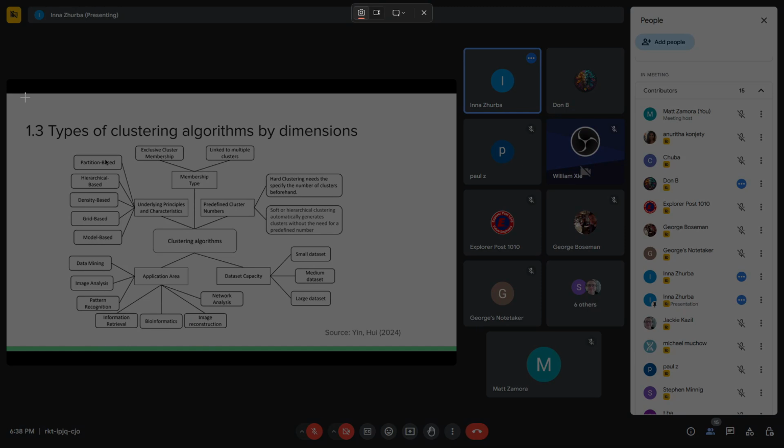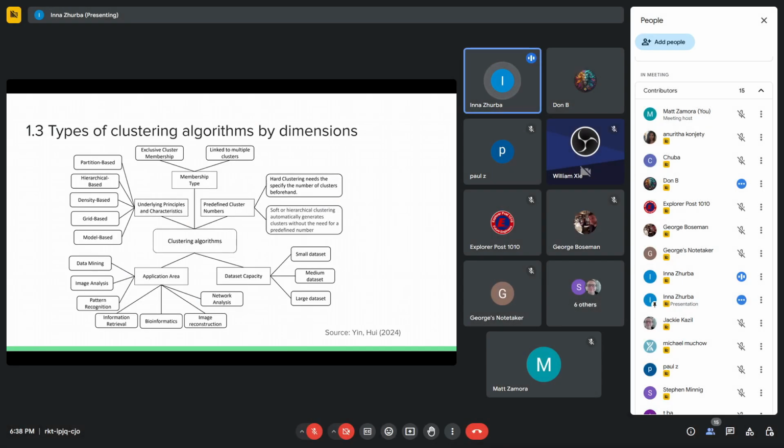So it separates the data points that we have into various parts. By membership type, it's an exclusive cluster membership algorithm, because each data point can be assigned only to one cluster, right? So we cannot have 2 clusters assigned to the same data point.